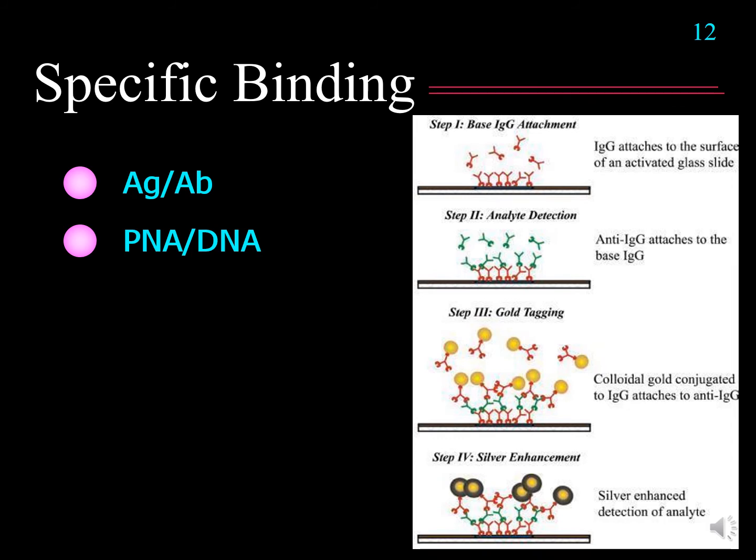The silver reduced and coated on the gold nanoparticles will change the color from red gold to the very dark black color of the silver. This lowers the detection limit because we can notice the color change easily with the black color of the silver.